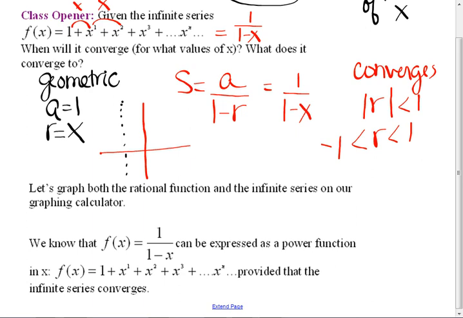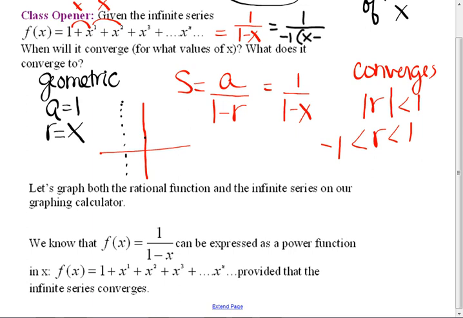Well, when x is 0, this is 1. When x gets large, maybe I better graph it. What I could do is factor out a negative. If I factor out a negative 1, it's what?